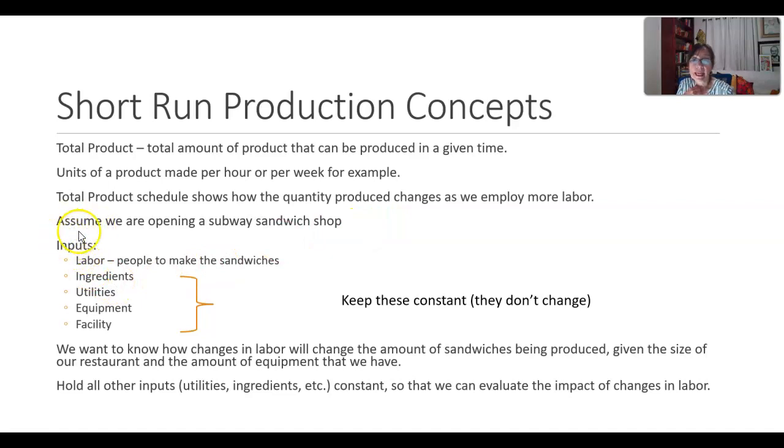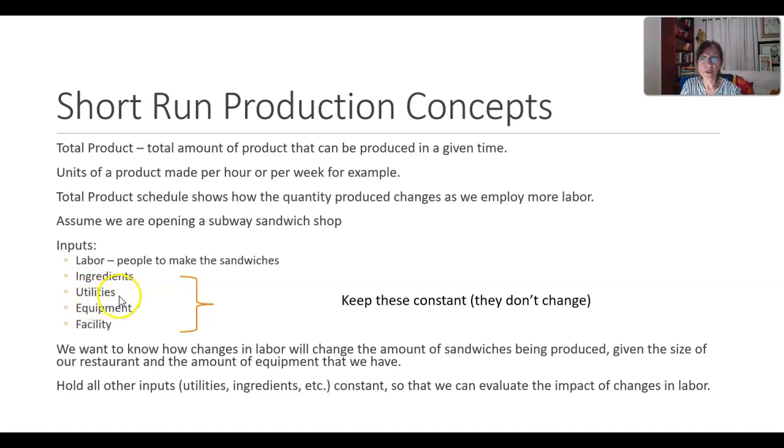In this case, we're going to assume that we're opening a Subway sandwich shop. Think about any kind of sandwich shop that makes Subway sandwiches. There are inputs into the process: labor, ingredients, the lunch meat, the tomatoes, the lettuce.